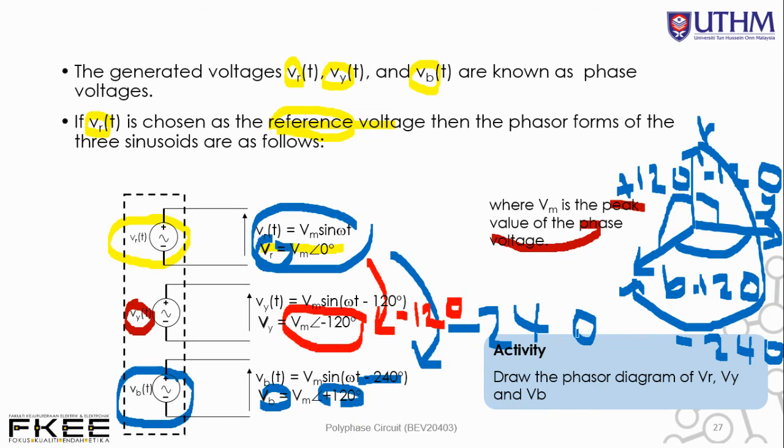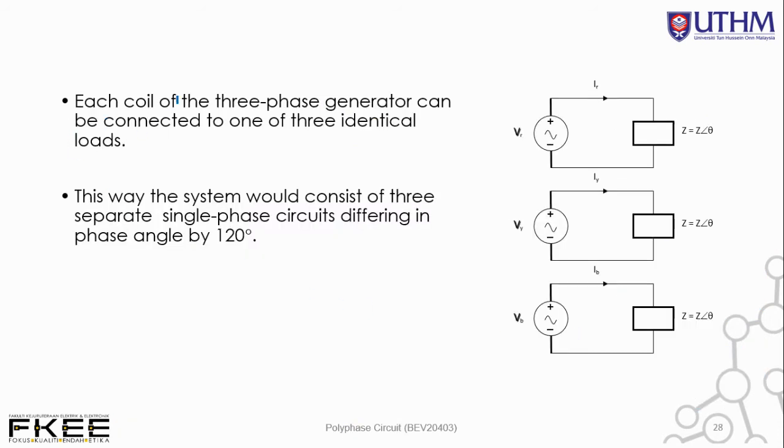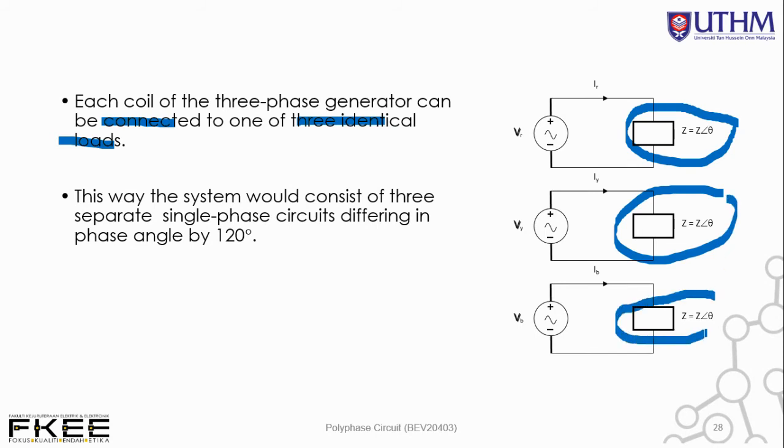All right. Now, each coil of the three-phase generator can be connected to one of three identical loads. So assume we have three identical loads over here, Z angle theta. So each coil of the three-phase generator can be connected. This way, the system will consist of three separate single-phase circuits differing in phase angle by 120 degree.